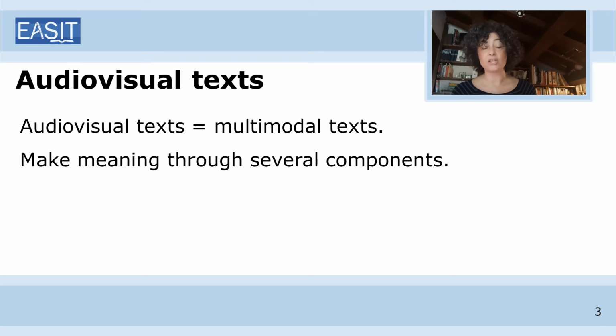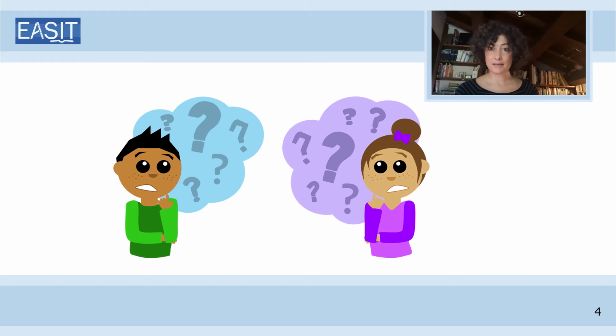As you know or have learned, audiovisual or multimodal texts are texts that make meaning through several and very different components. In fact, there are so many that audiovisual translators need to observe and recognize each one, as well as determine which is relevant for a given audience to understand and enjoy the audiovisual product in question.